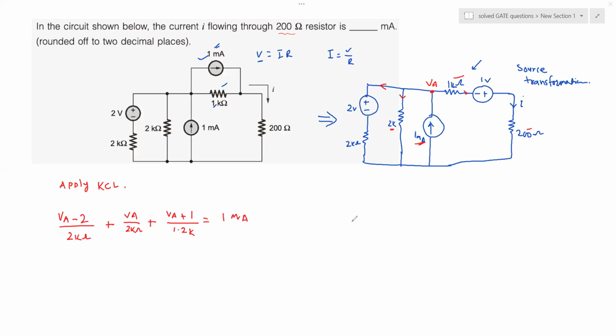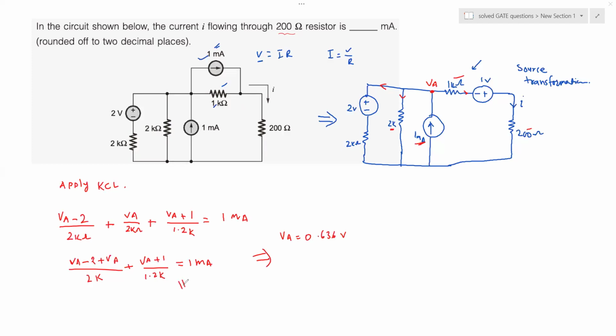Okay, so you can see now we have completed the nodal analysis applied to this circuit. Now from this, you can go on simplifying. It would be (VA minus 2) divided by 2K plus VA divided by 2K plus (VA plus 1) divided by 1.2K is equal to 1 milliampere. Solving this further, VA comes out to be 0.636 volts.